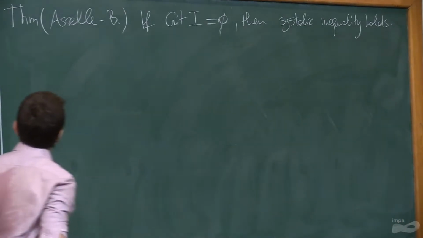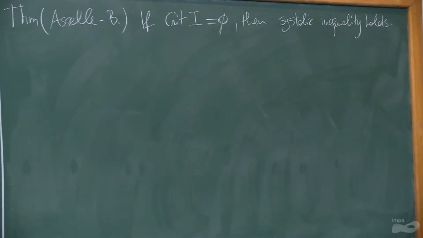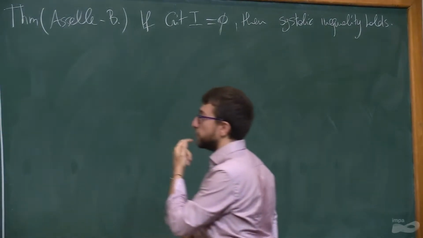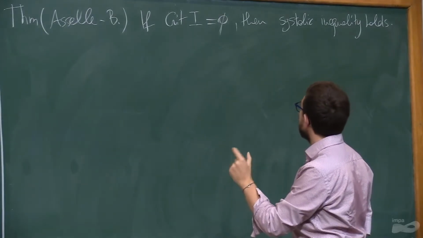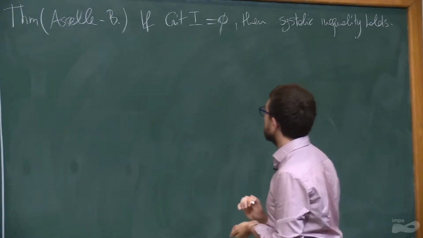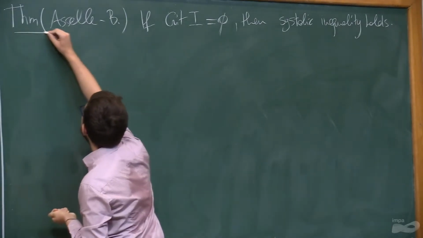In general, we don't know if the systolic inequality holds. And already to prove that there exists one contractible orbit is also a non-trivial task. So we are working on this right now, but already this first step is not really immediate.